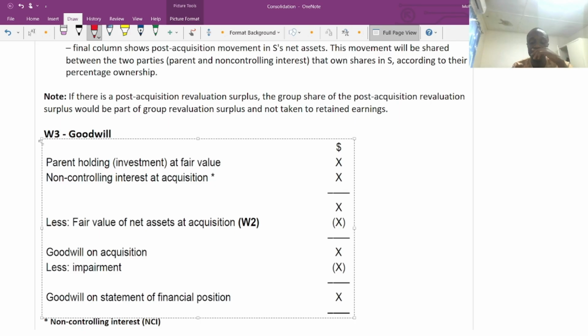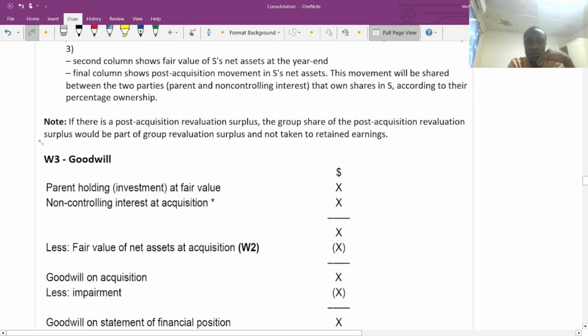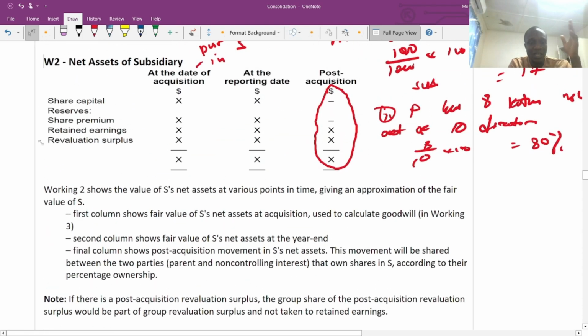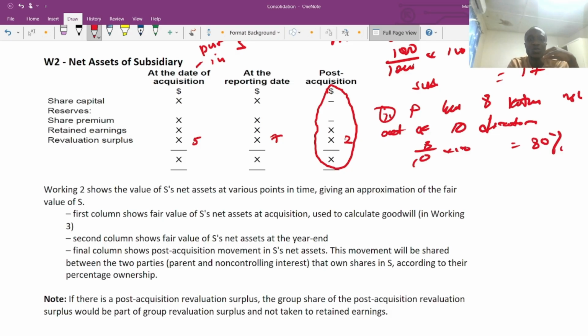In a situation where the evaluation surplus at the acquisition date is not the same as at the reporting date, let's assume the acquisition date figure is 5 and the reporting date is 7. So there's a post-acquisition evaluation reserve of 2. When we do the distribution, we are not going to take it to the retained earning.